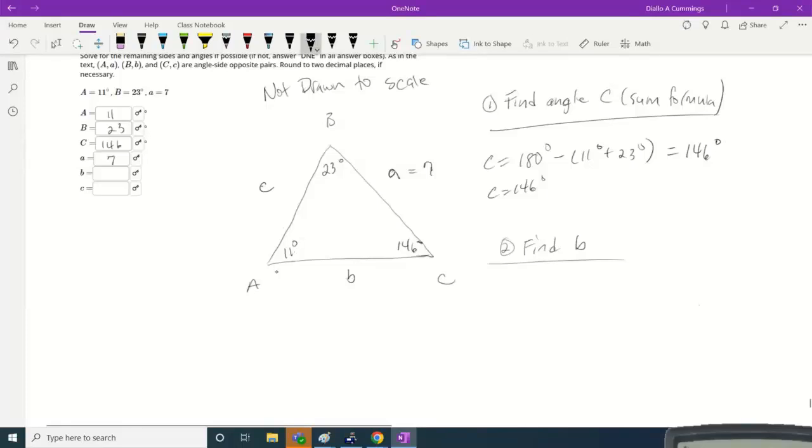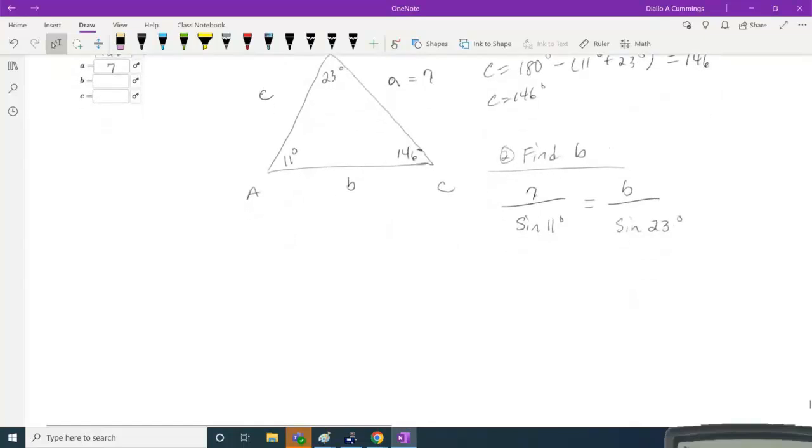So I'm going to write this out as 7 divided by the sine of 11 degrees. Since I'm trying to find side length B, which is unknown, I'm going to write the second half of my proportion as B divided by the sine of 23 degrees. There's only one unknown in my proportion.